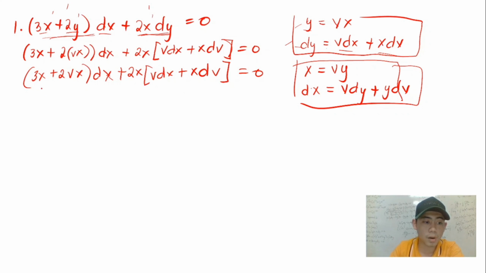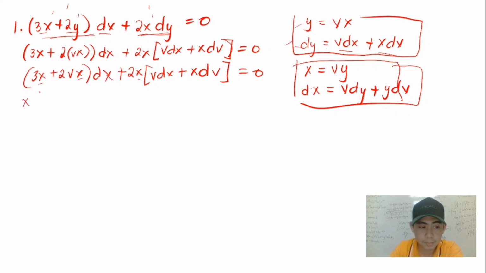So, titingnan natin kung may common factor, para mas mapaliit niya yung equation natin, para mas mapadali sa atin yung pagsasolve or paghanap ng tamang solution. So, sa equation na to, ang common factor is yung x. Lahat ng terms, merong x. So, factor out natin ngayon si x.